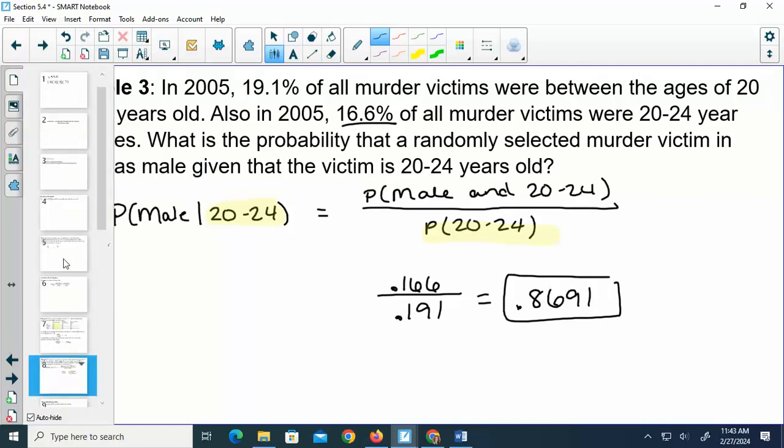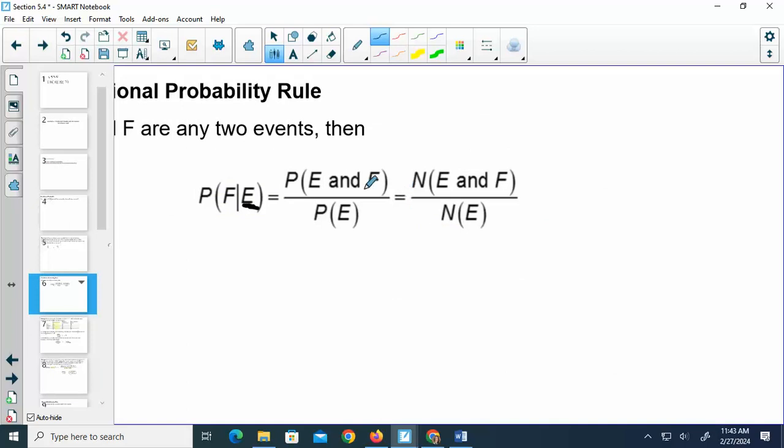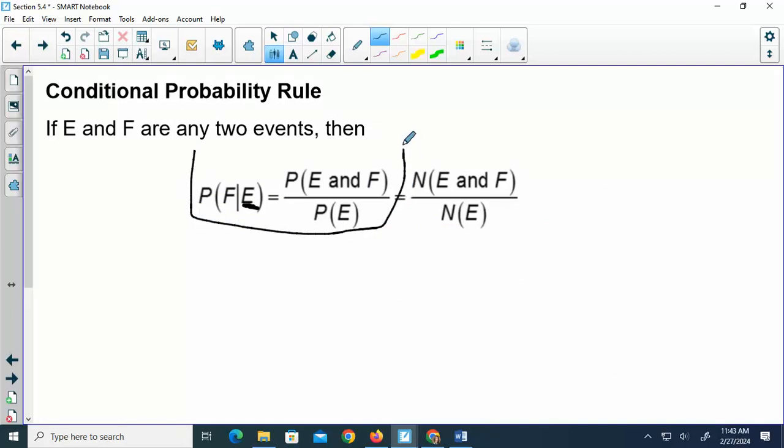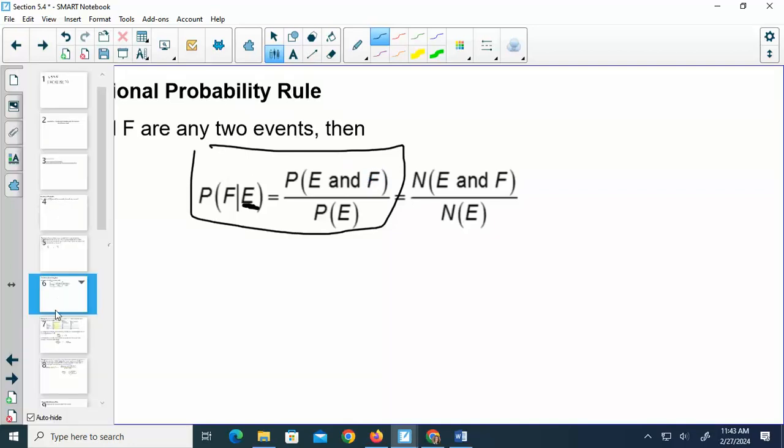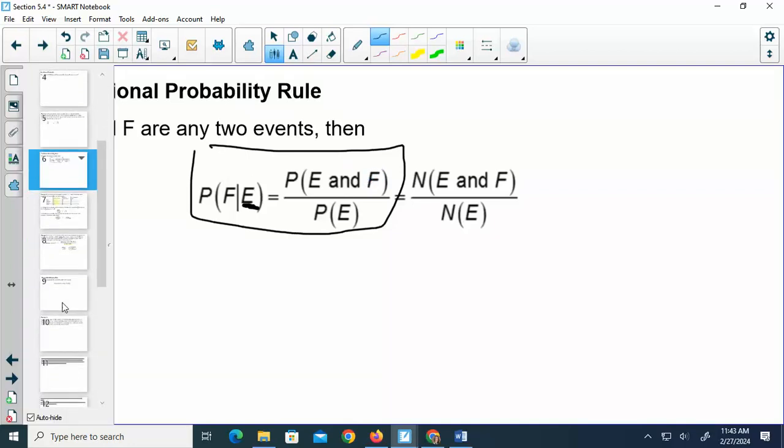So, this formula that we're using, if I took that, I could multiply my probability of E over, and then I would have a formula for an "and," just like we were dealing with yesterday.